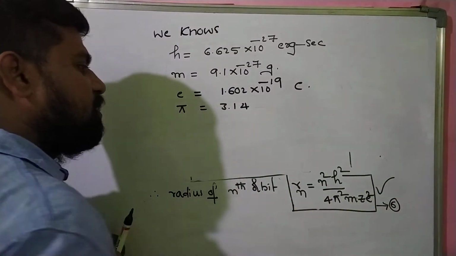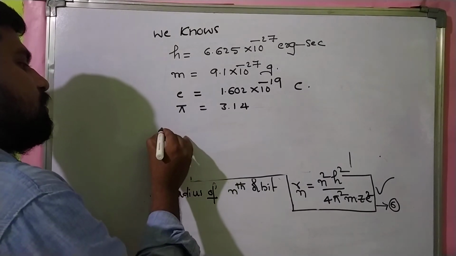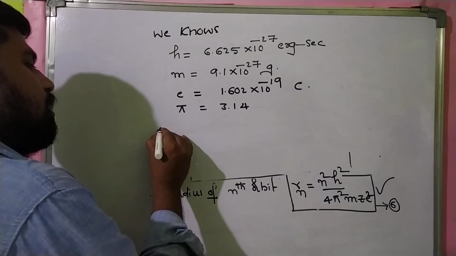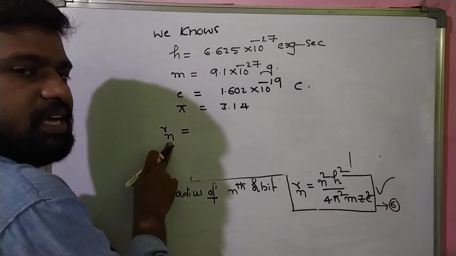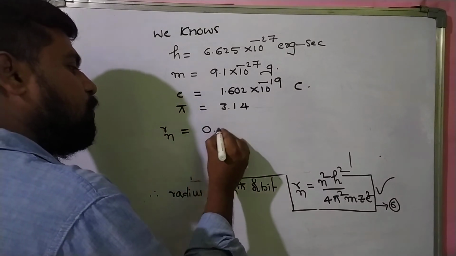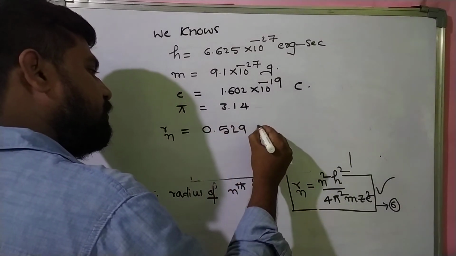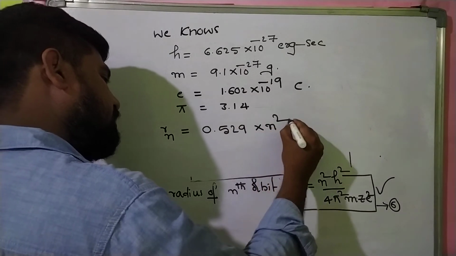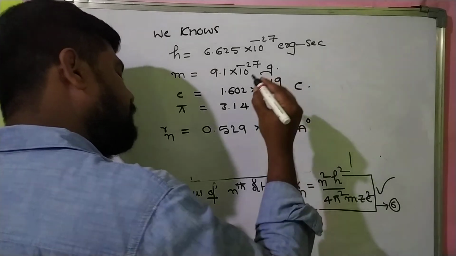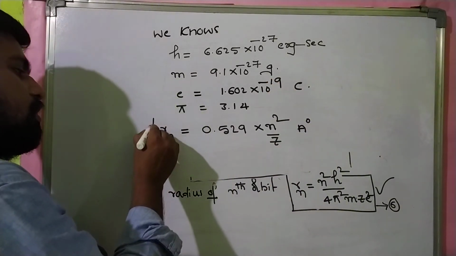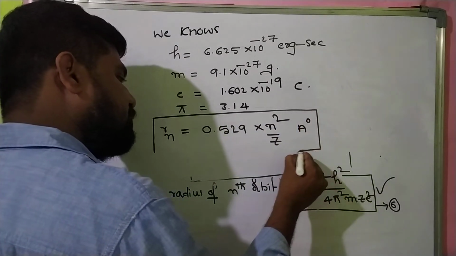So Rn, the radius of nth orbit, equals 0.529 into n square by z angstrom units. So this is the final equation for Bohr's radius.